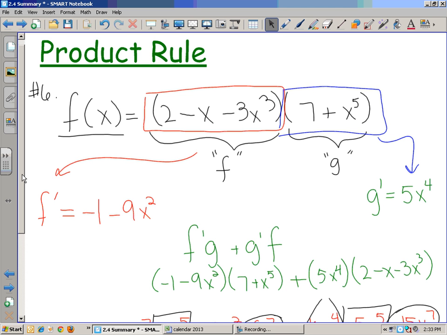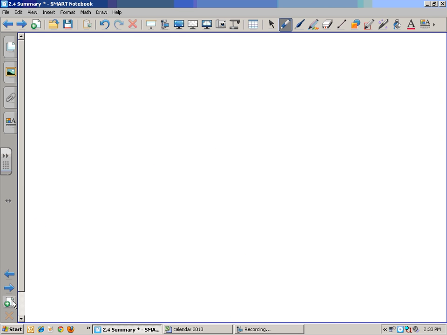Same section, 2.4. Let's go ahead and take a look at number 9. Number 9 looks like this. X minus 2 times the quantity x squared plus 2x plus 4.